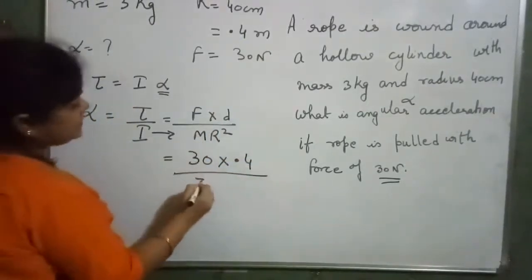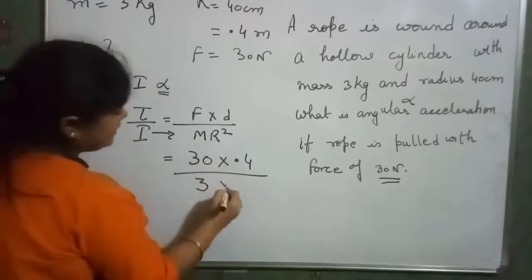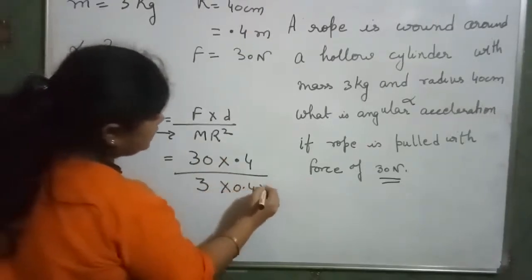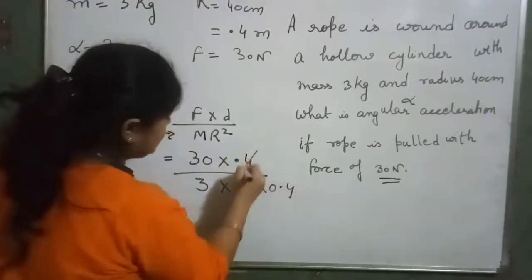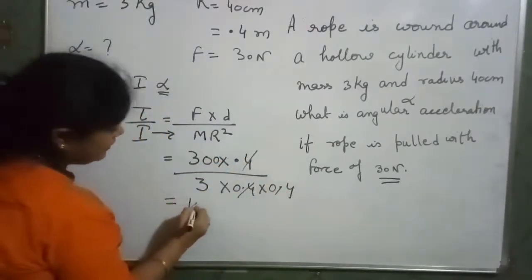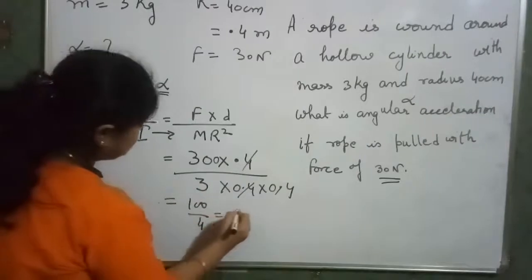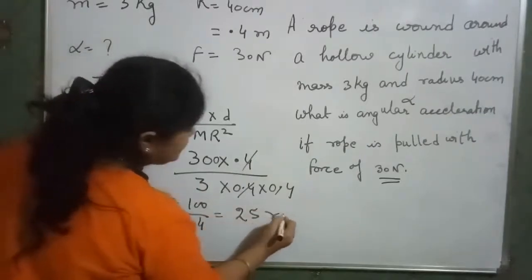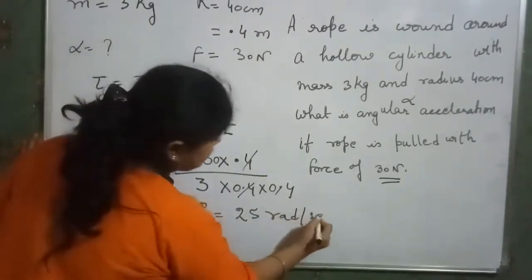Now mass of the cylinder is 3 and radius is again 0.4 into 0.4. One 0.4 gets cancelled, so we have 100 by 4, that is 25 radian per second square.